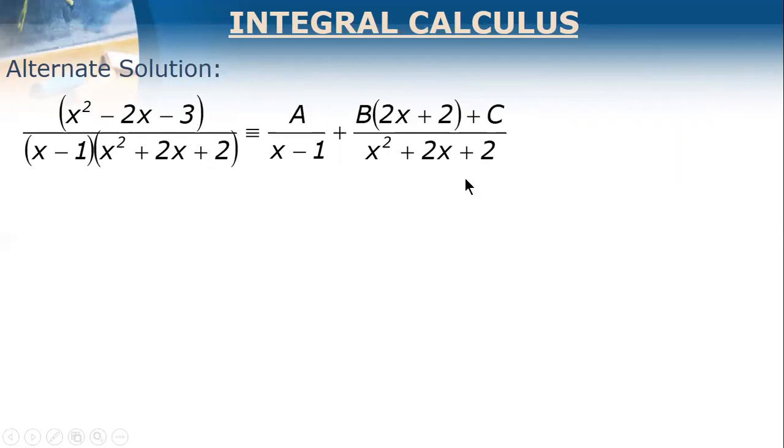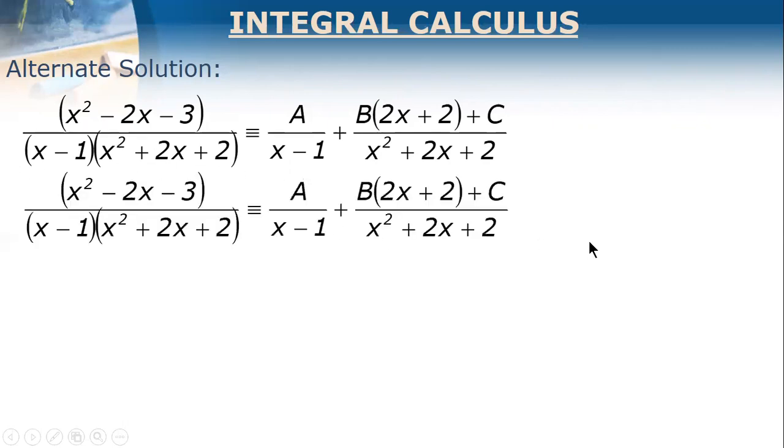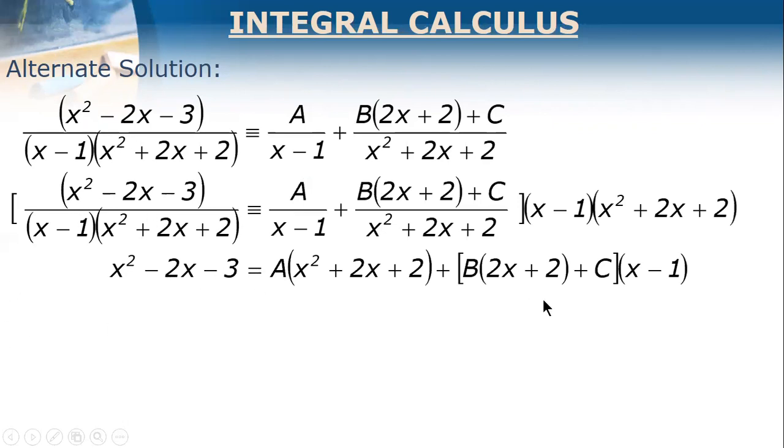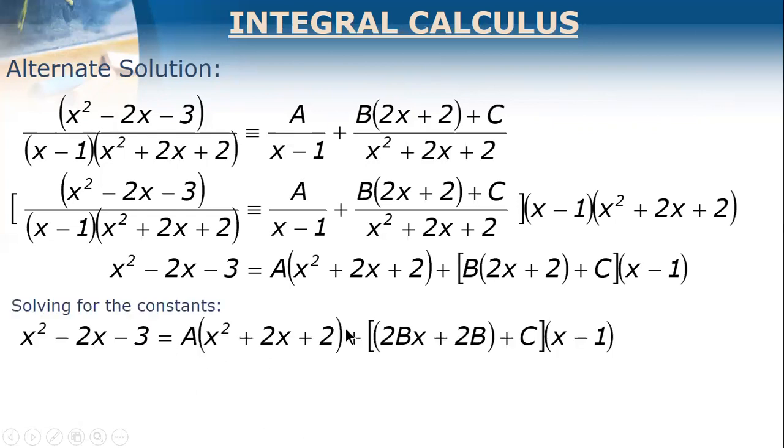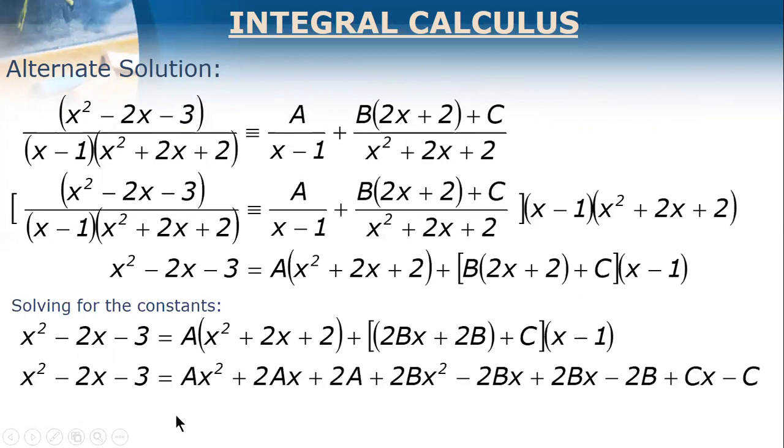Okay, so after this, same as before, multiply the whole equation by Q of x. Then this is the result: x squared minus 2x minus 3 equals A times this one, and then B times 2x plus 2 plus C times x minus 1. And then you expand, distribute.